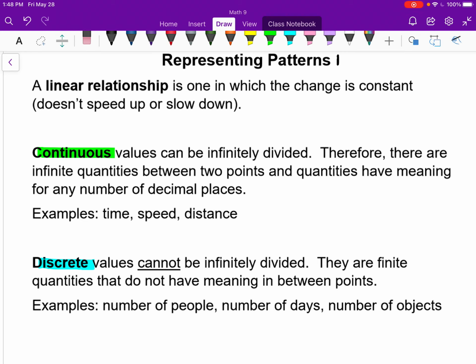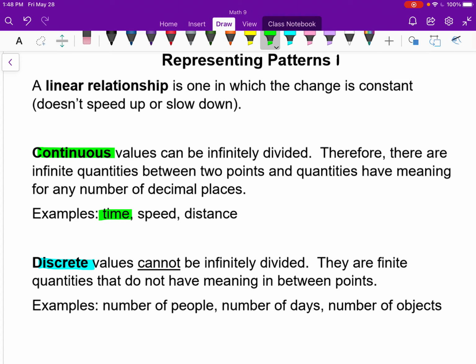But in general, some examples are anything usually involving time. For example, if you have a value of something after 1 second and then another value after 2 seconds, in between those, at 1.5 or 1 3/4 and 1 point whatever, that makes sense. A time of 1.8216 seconds makes sense.